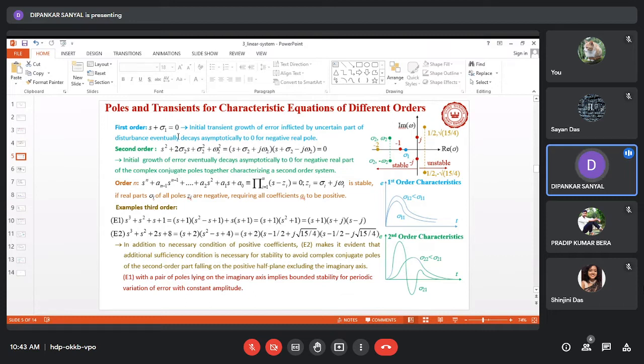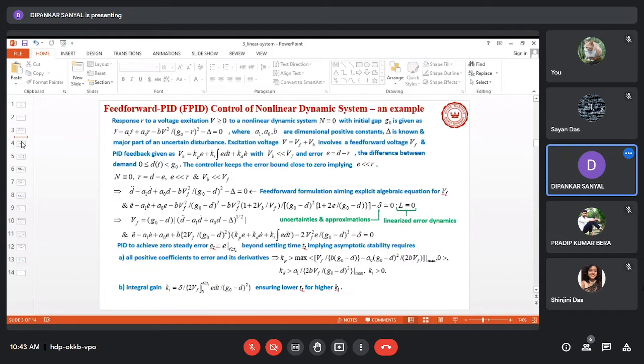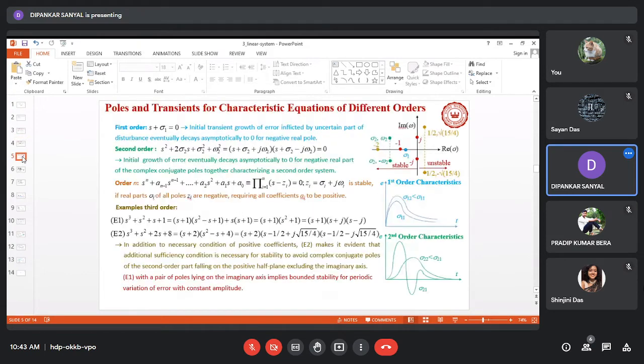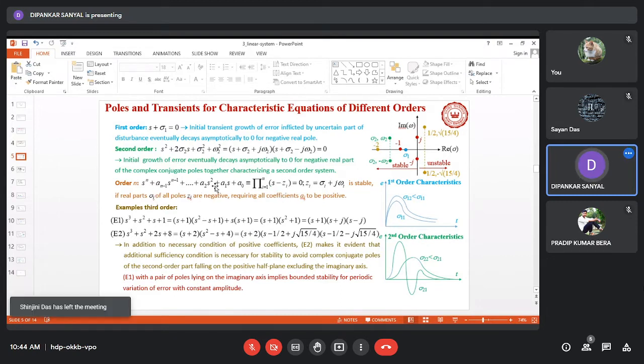And as for the stability, all the roots should be real. If we write this equation in this form, then for all z to be negative, all these coefficients have to be positive.